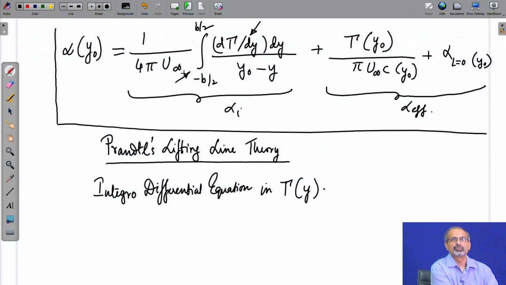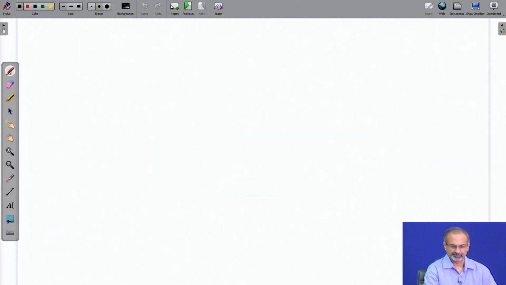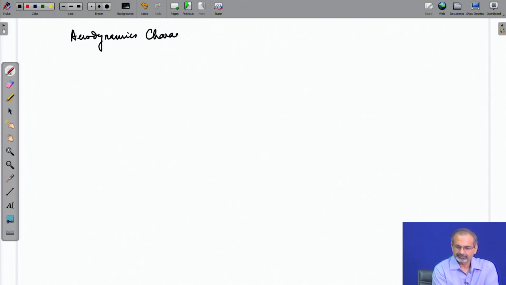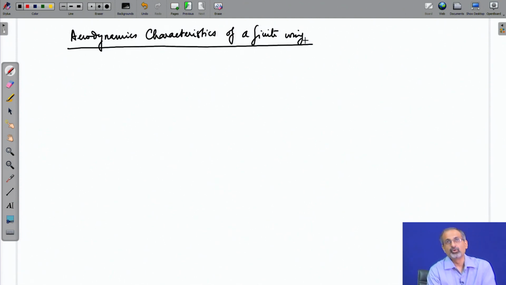So, we have now come up to the Prandtl's lifting line theory. Now, let us see how we can take it forward from here. How can you utilize this theory further in order to define the aerodynamic characteristics of a finite wing, when we look at it from the Prandtl's lifting line theory point of view?